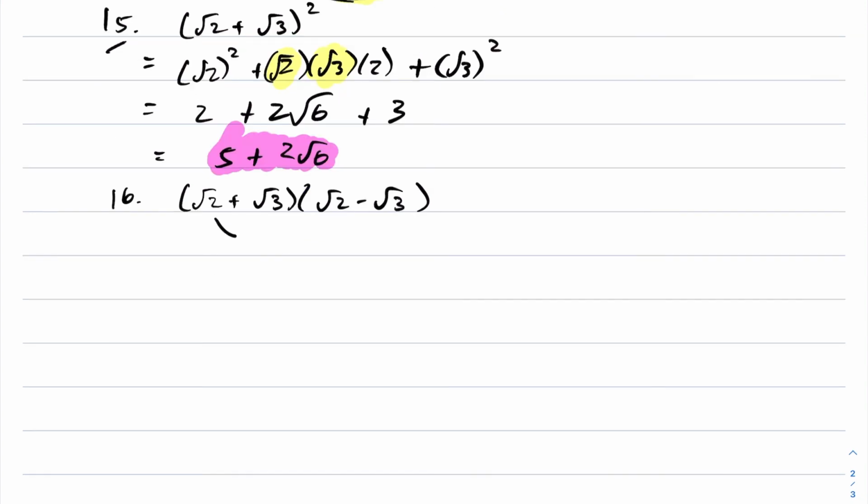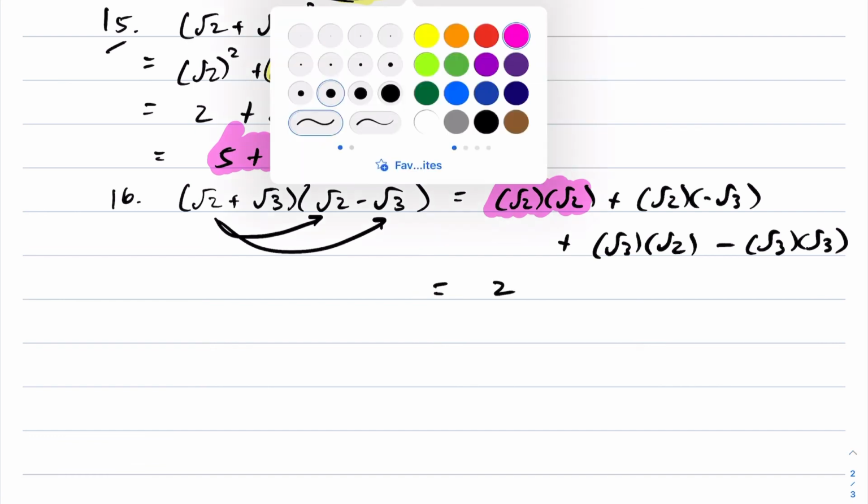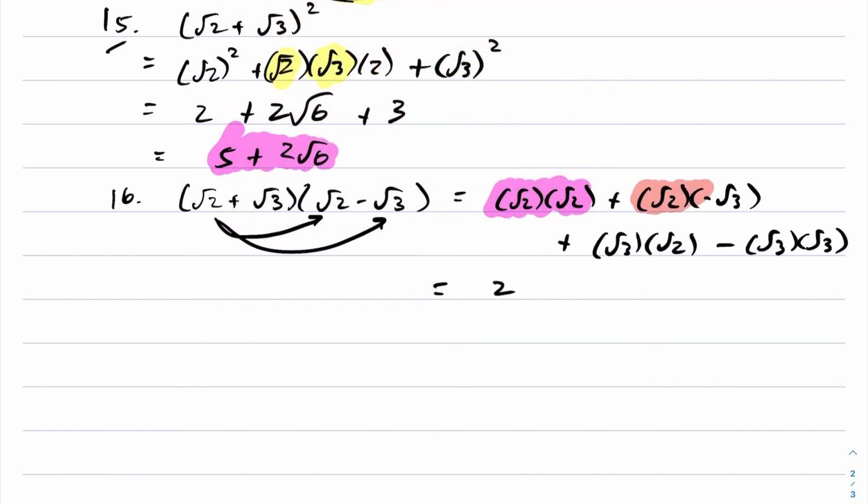So we're going to expand this out. Root 2 times root 2. Then you have plus root 2 times negative root 3 plus root 3 times root 2 minus root 3 times root 3. So root 2 times root 2, like we talked about, is just 2. Root 2 times negative root 3, the minus sign goes out in front.